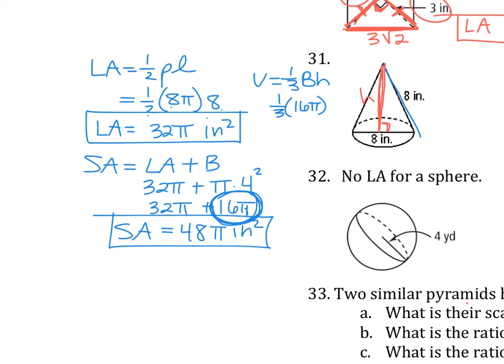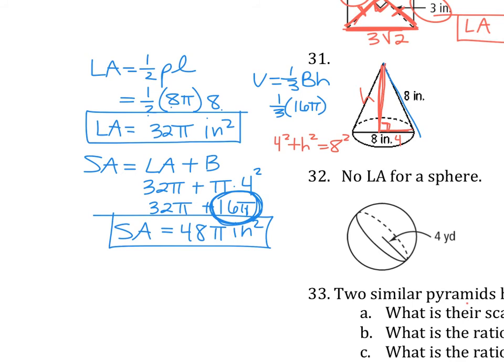Pythagorean theorem, right? This side would be 4. So you have 4 squared plus h squared equals 8 squared. So do 8 squared minus 4 squared. And square root that. So you have the square root of 48.